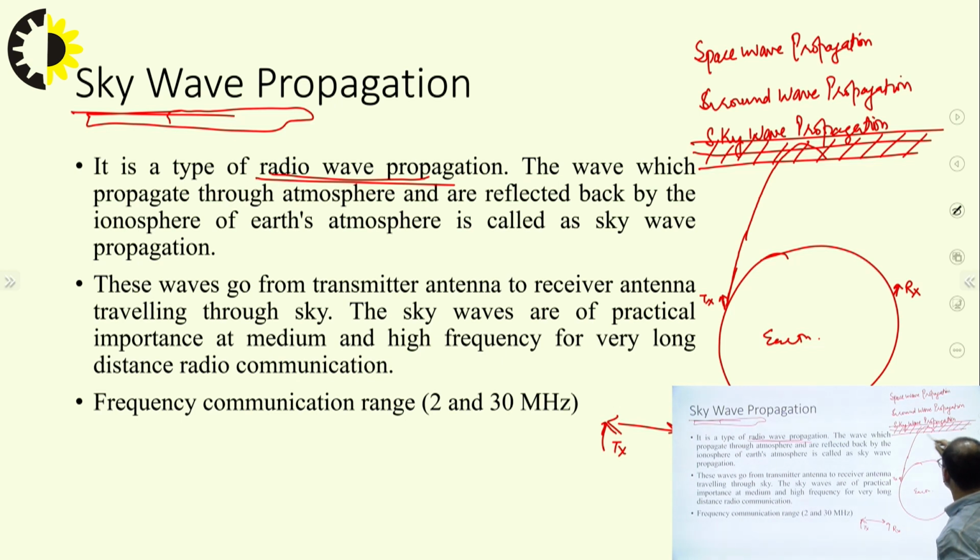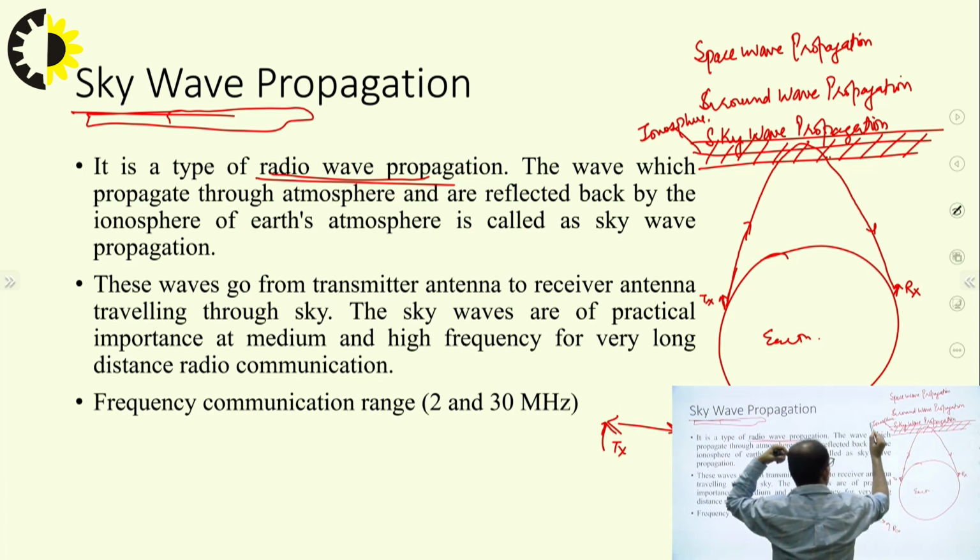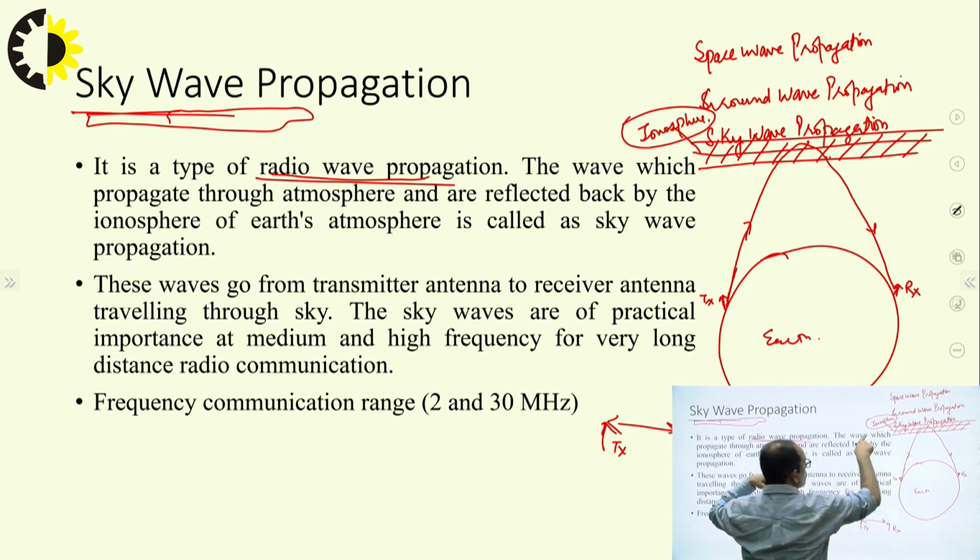Let's say this is the ionosphere layer, and the wave will get reflected back by the ionosphere, and this type of propagation is known as sky wave propagation. So sky wave propagation takes place through the ionosphere, and in the ionosphere there is reflection of EM waves.